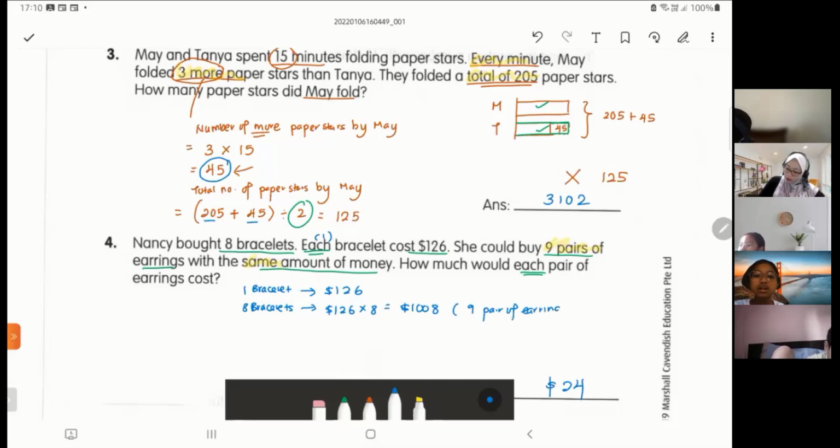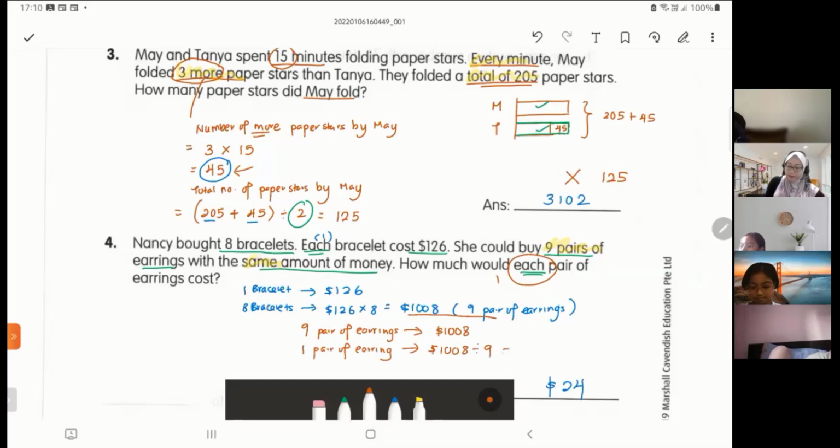Okay. So now from this information, what I can do is 9 pairs of earrings is $1,008. I want each. Each means 1 pair. 1 pair of earrings is 1,008 divided by 9, like this.